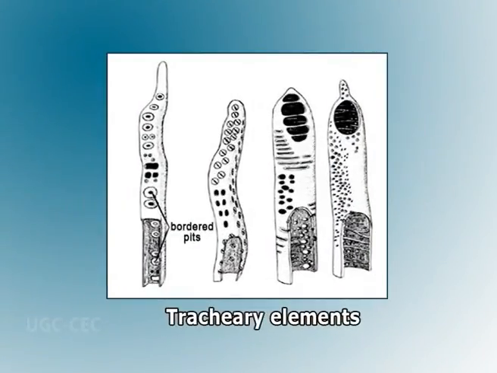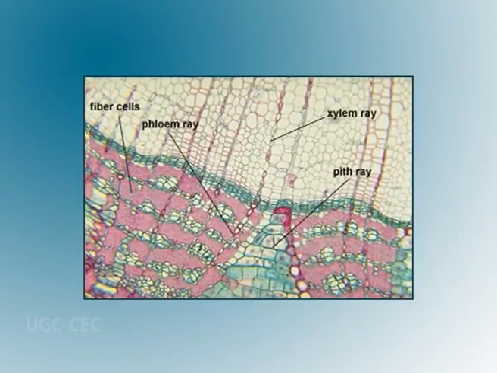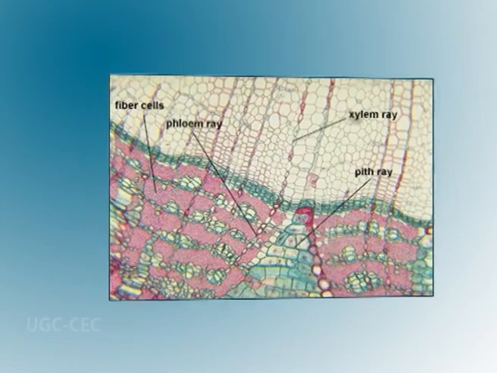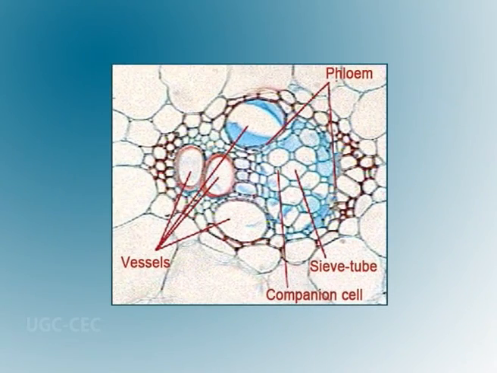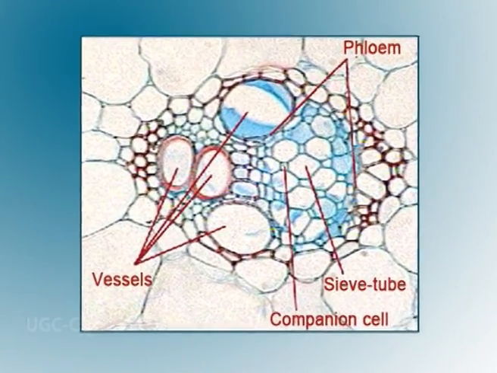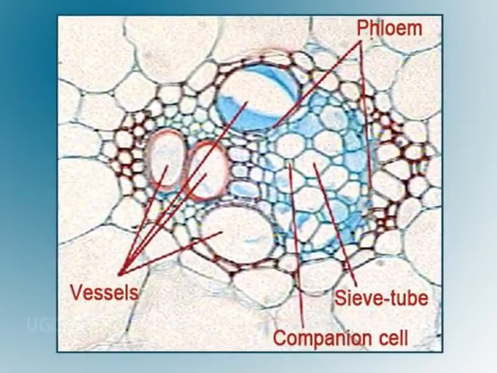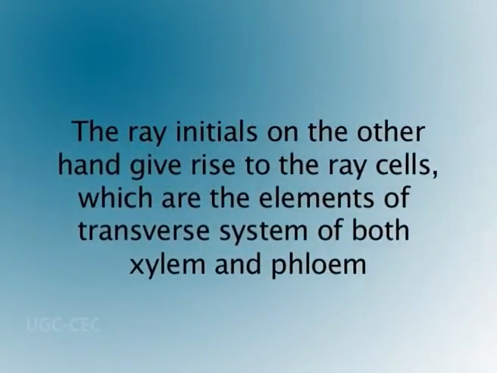The axial system of the xylem consists of tracheary elements, fibers, and xylem parenchyma, while that of the phloem includes sieve elements, phloem fibers and phloem parenchyma. The ray initials, on the other hand, give rise to ray cells, which are the elements of the transverse system of both xylem and phloem.